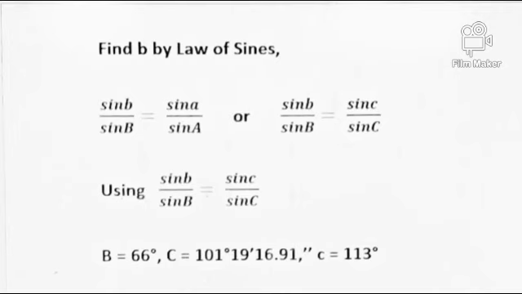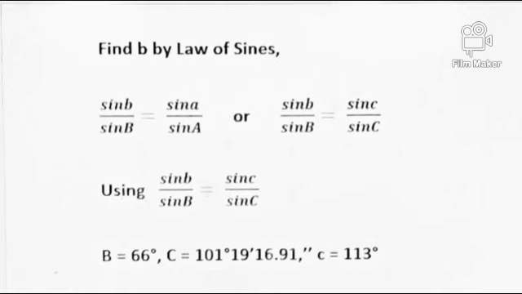In the first equation, we have the ratio of sine of small b to the sine of the opposite angle capital B equals the ratio of sine small a and the sine of the opposite angle capital A. Or you can use this equation: sine of small b and sine of the opposite angle capital B is equal to the ratio of the sine of small c and the sine of angle capital C. Using the second equation, sine of small b over sine of angle B equals sine of small c over sine of angle capital C, we substitute the values.